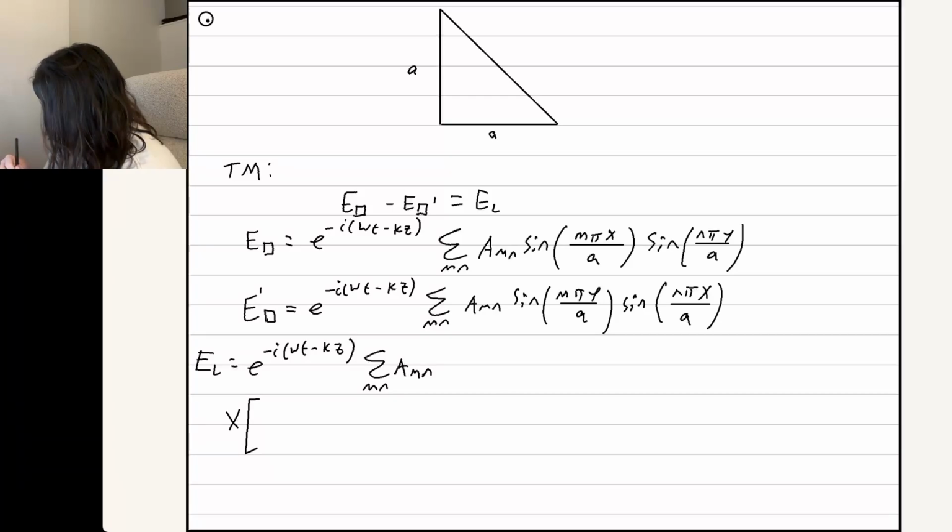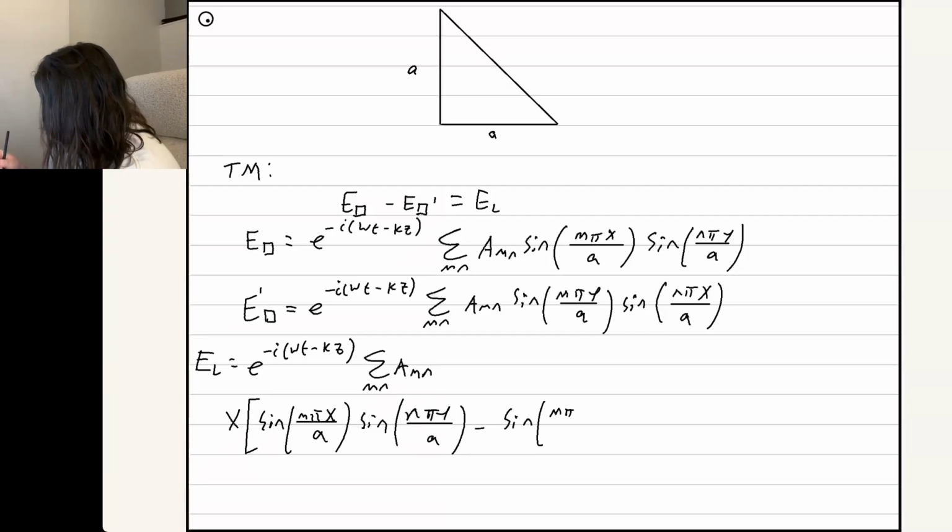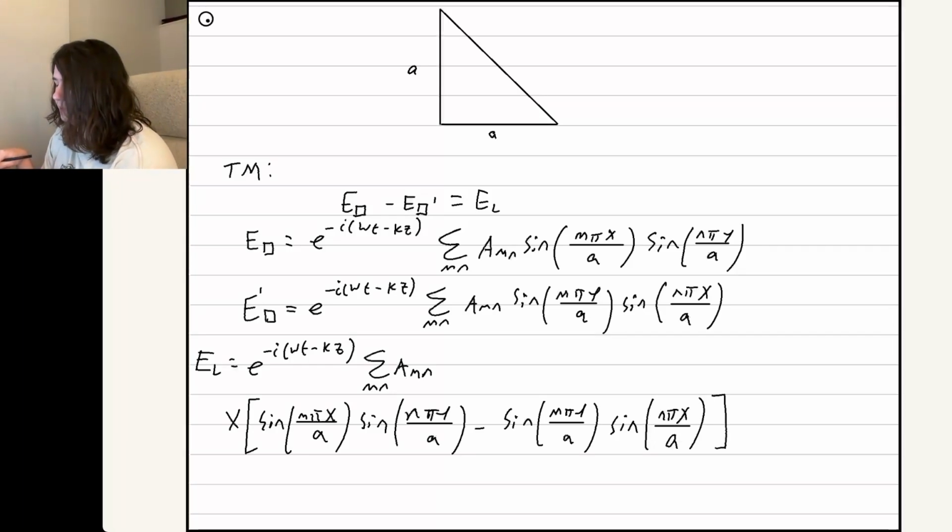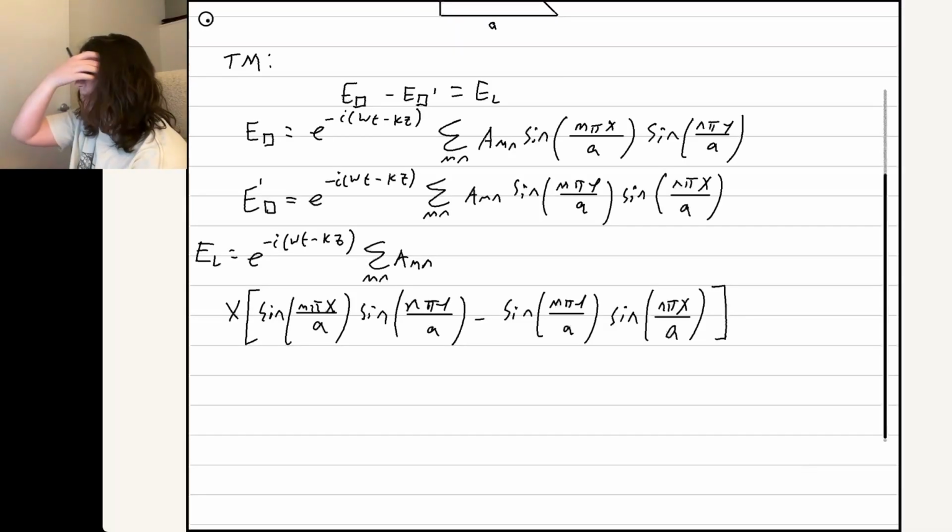It's going to be sine m pi x over a, sine n pi y over a, minus sine m pi y over a, sine n pi x over a. Alright, that's your longitudinal electric field, and we can get all the other fields from that, so that's what we're going to do.